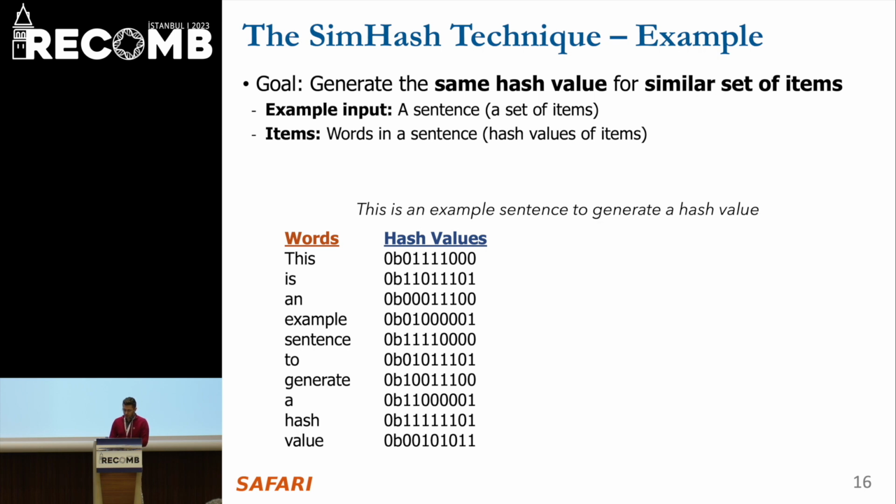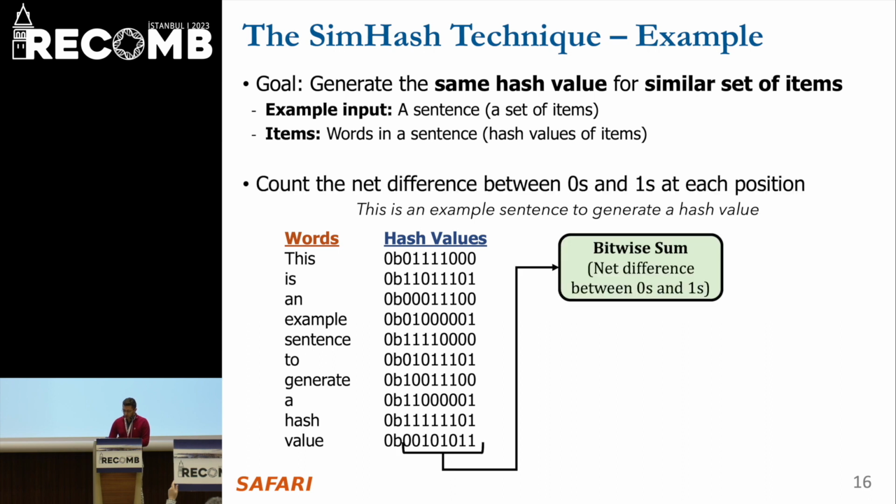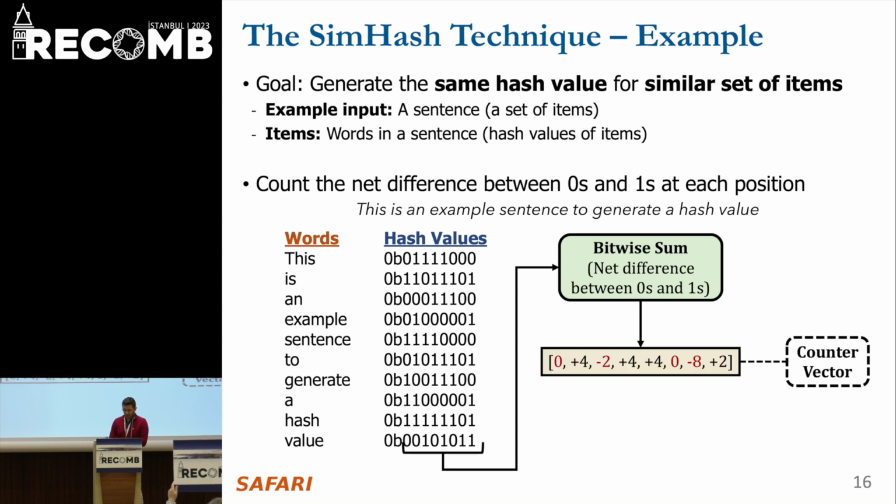The hash values can be generated using a low collision hash function. Here we show the hash values in their binary form. Then, to generate a single hash value, SimHash calculates the net difference of ones and zeros at every bit position and stores this difference result in a counter vector. Here we have the net difference results for each position.